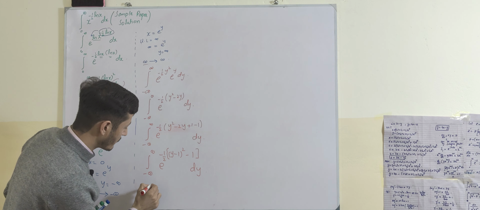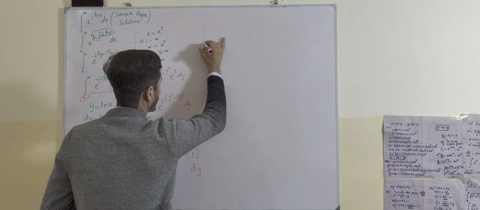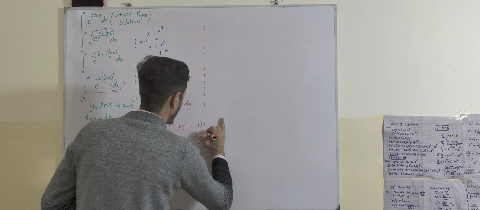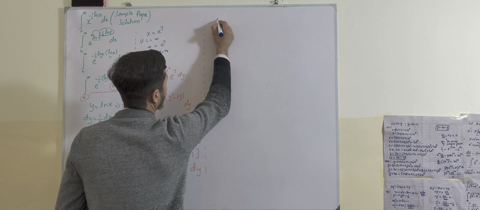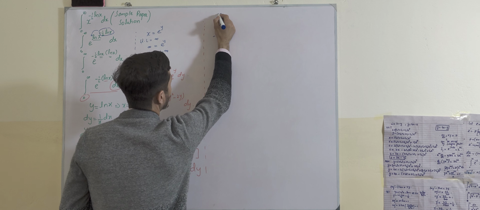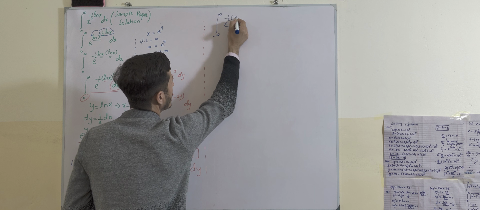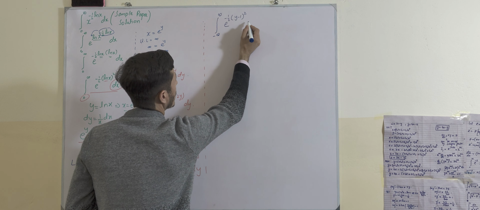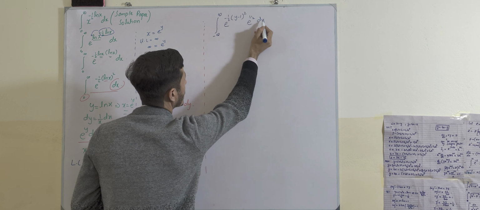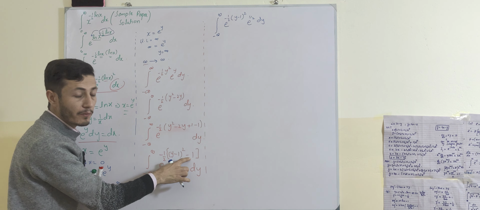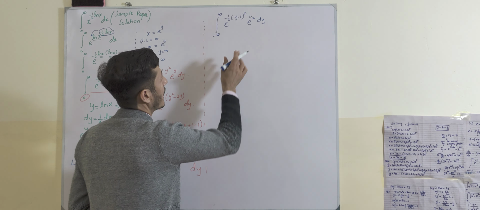Now I can write it in the form of from minus infinity to infinity e power minus 1 by 2 y minus 1 whole square, and here e power 1 by 2 del y, because the minus 1 by 2 multiplies with minus 1 and it gives us root of e, and this is a constant.